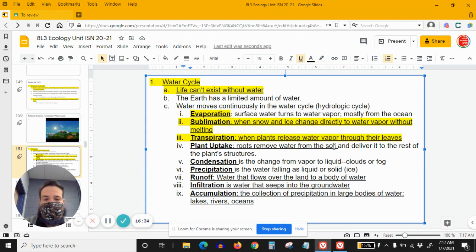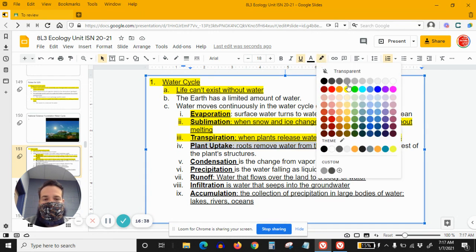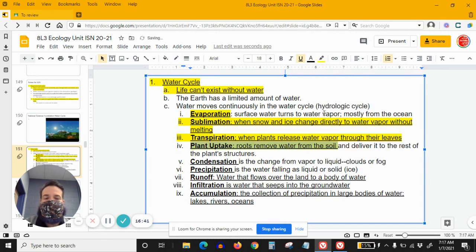All right, and then plant uptake. So here we're talking about plants taking water from the soil. This is why we have to water our potted plants, why it rains on Earth, so that the water seeps into the soil and the plants can take up that moisture. And then it goes up through the xylem of the plant.